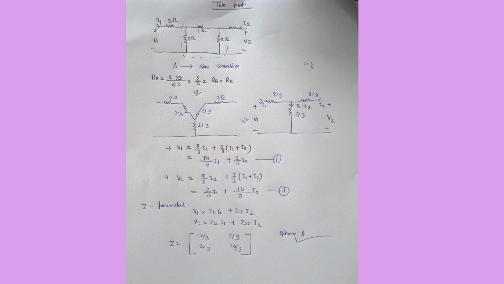For the second, we apply KCL: V2 equals 8 by 3 I2 plus 2 by 3 (I1 plus I2). So the second equation is 2 by 3 I1 plus 10 by 3 I2. For the Z parameter, we know V1 equals Z11 I1 plus Z12 I2 and V2 equals Z21 I1 plus Z22 I2. So the Z parameters are 10 by 3, 2 by 3 and 2 by 3, 10 by 3. That is the correct option.